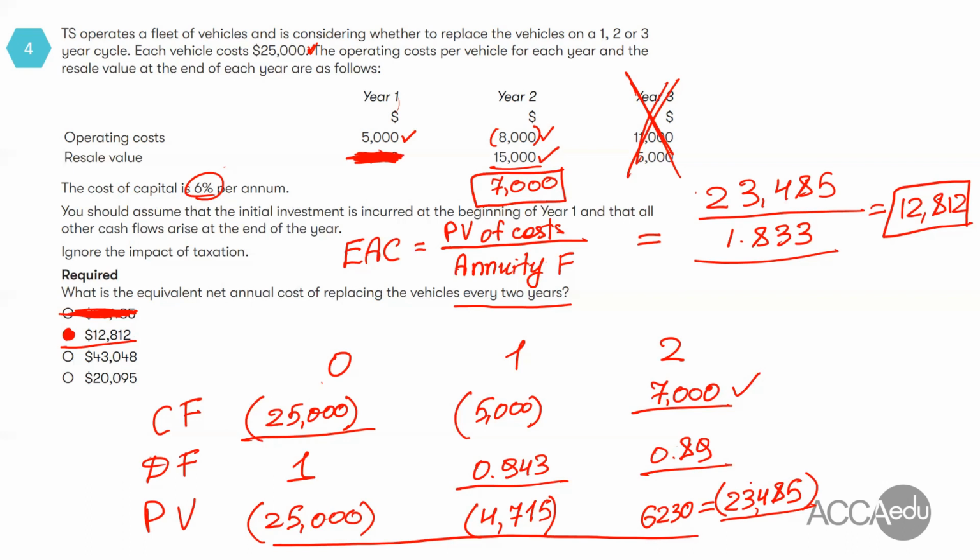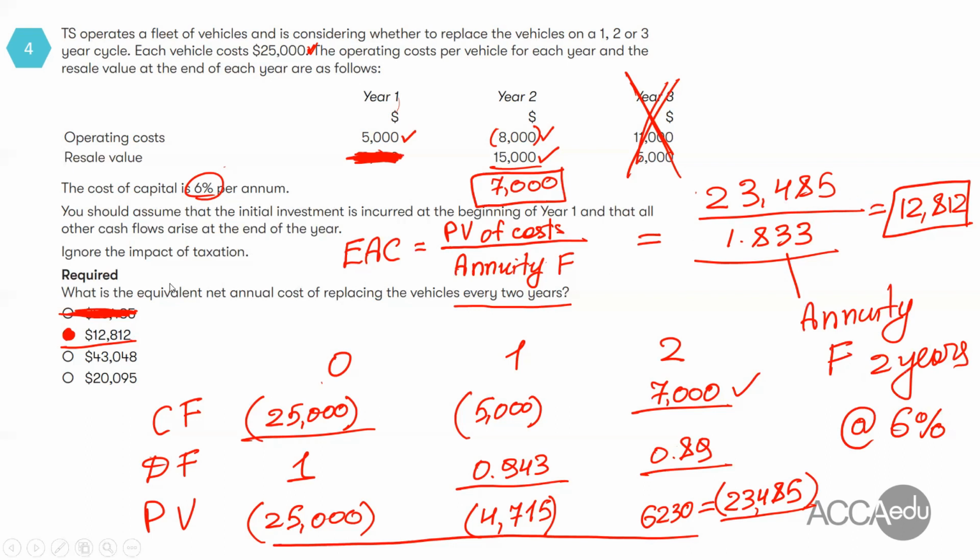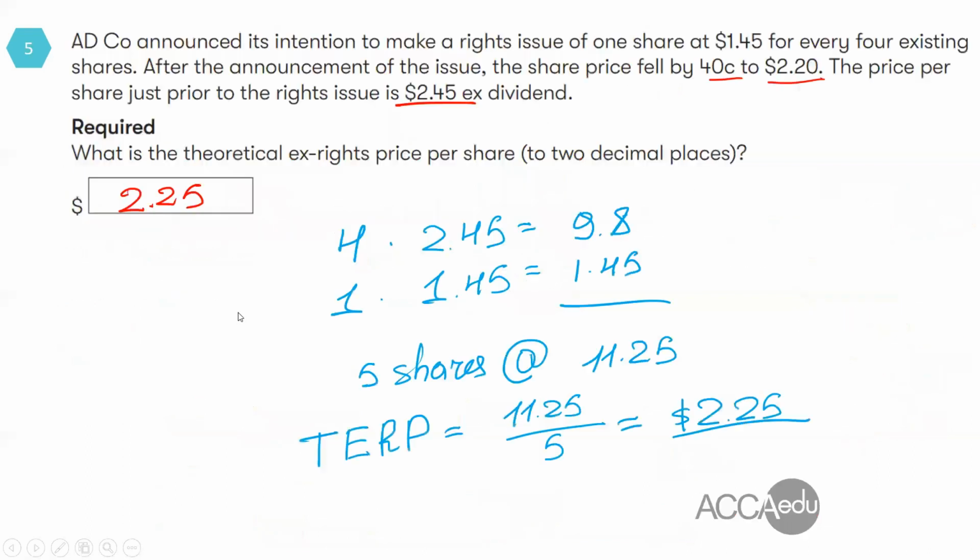So to come up with the annual cost, we should divide this value by the annuity factor of 2 years. 1.833 is the annuity factor for 2 years at 6%. So the answer is 12,812. B.